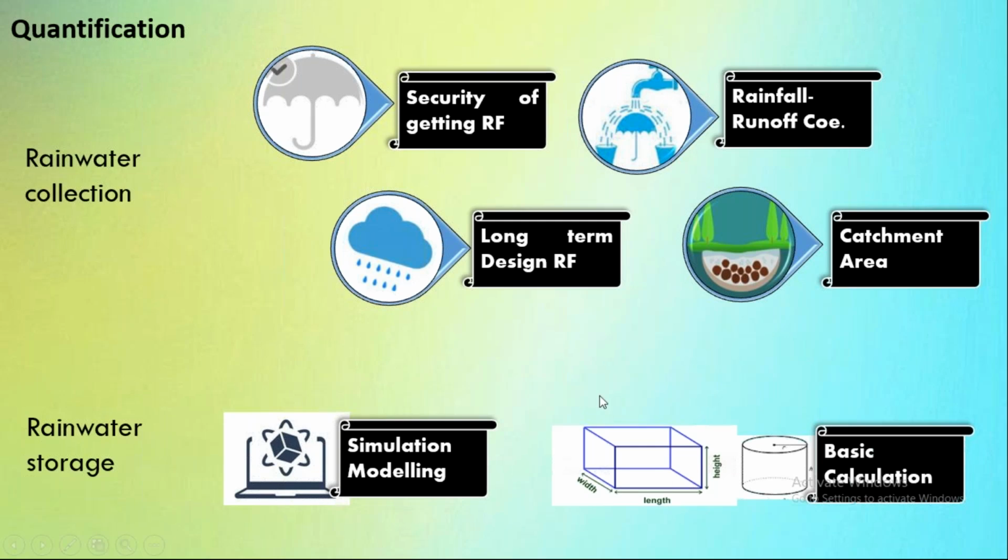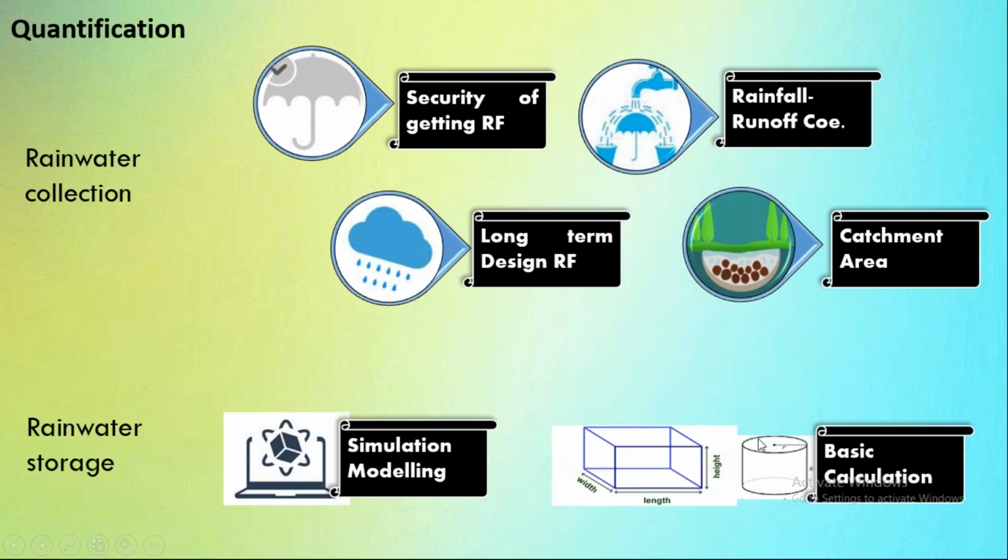But in domestic purposes or for some small farmers, we basically follow a basic calculation: if we want X, say 1,000 meter cube of water, then we go for a particular area of a pond, and we decide the depth of this pond to accumulate this much water.